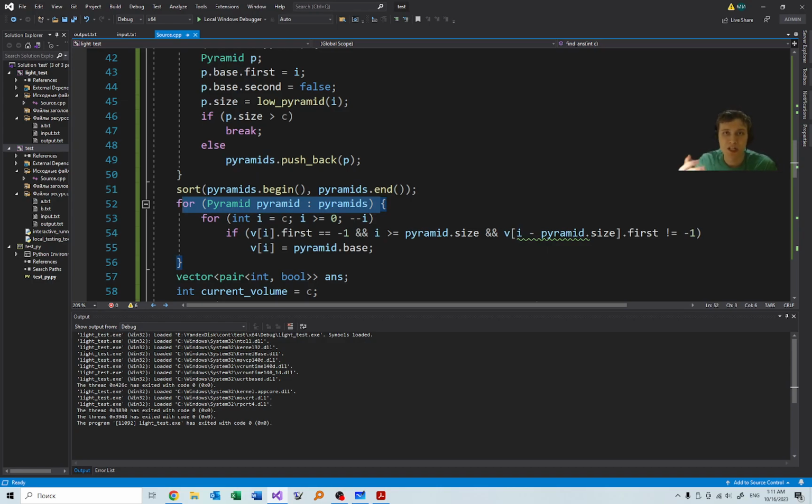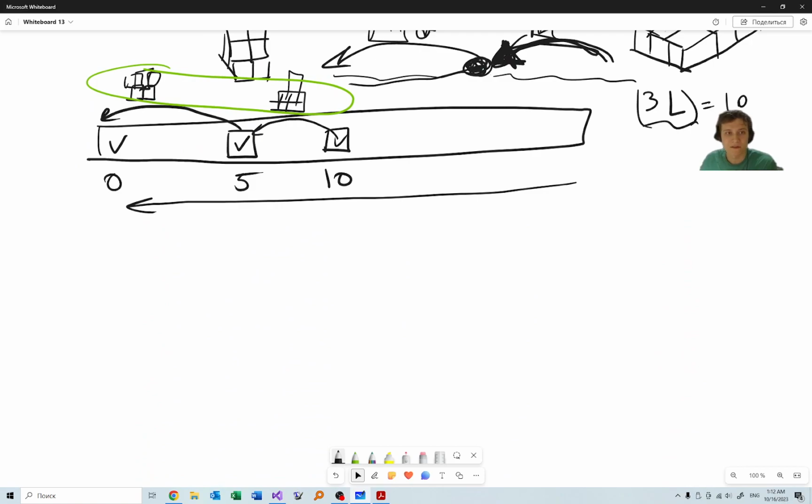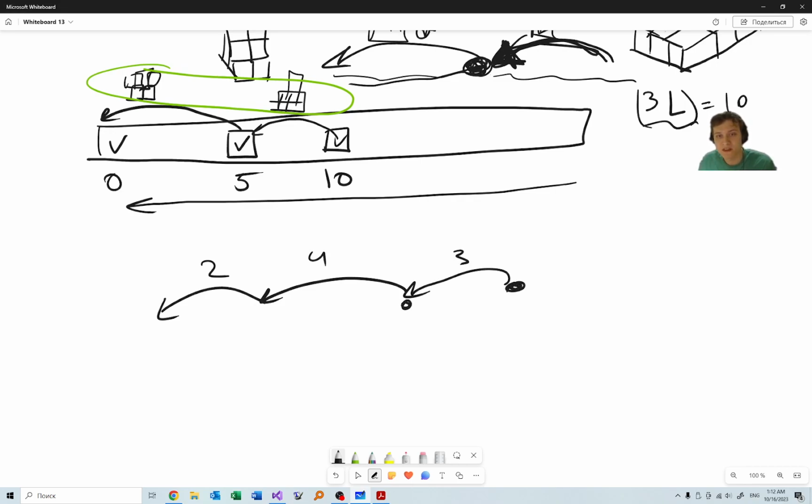And this means that if some vertex is accessible, first of all, we jump with the biggest pyramid, because it was the last pyramid in this chain. If it wasn't the last pyramid in this chain, then this chain would not exist by that moment. For example, assume that you have a pyramid of size 2, then of size 4, and then of size 3. This is the chain by which you get number 9. Then it wouldn't be possible, because when you add this chain, you also check that this vertex is accessible.